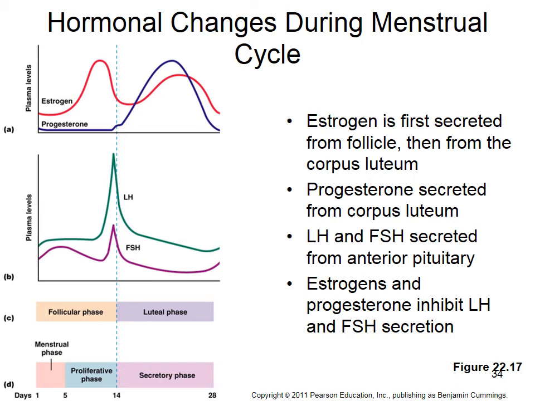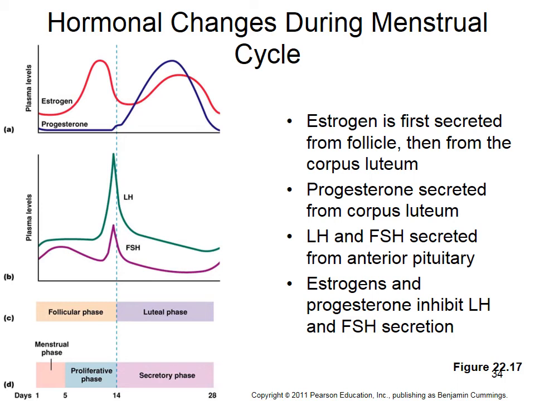Now, estrogen and progesterone levels differ throughout the cycle. During the follicular phase, we see this nice increase in luteinizing hormone. This increase in luteinizing hormone causes a bump in estrogen production, which then also causes a bump in luteinizing hormone production.